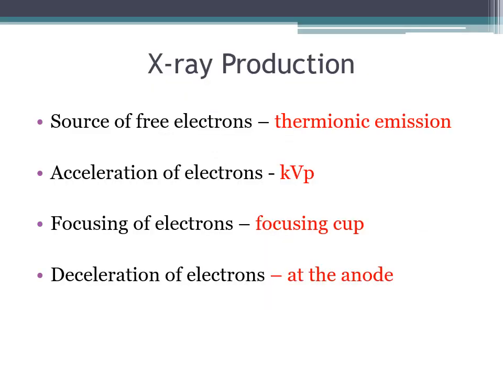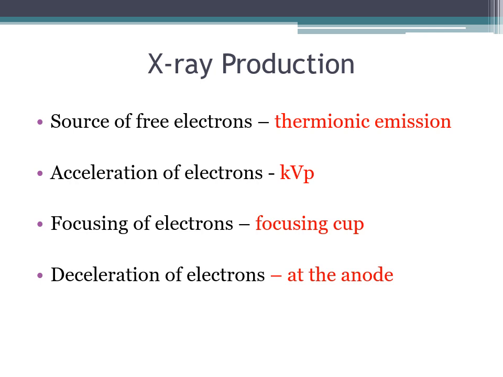Before we talk about the interactions that occur in the X-ray tube, let's talk about X-ray production. We first of all need a source of free electrons, which is where we get them. The origin of this is thermionic emission. Thermionic emission is boiling off of electrons, and that occurs at the cathode. Acceleration of electrons is where we have kVp.